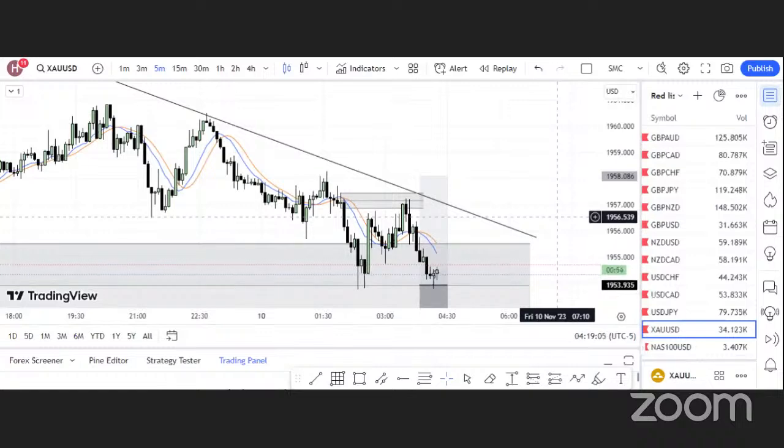So if you entered immediately when I said buy, you should be in profit by now. But we are still holding because we haven't gotten a good profit yet. So let's make better profit before we close the trade. We are still holding.